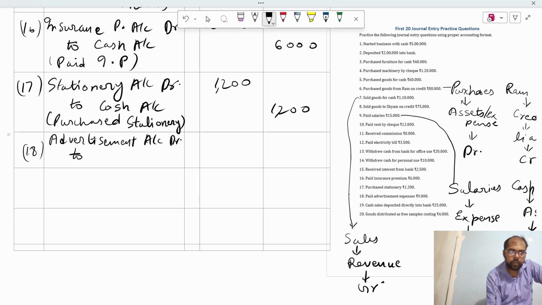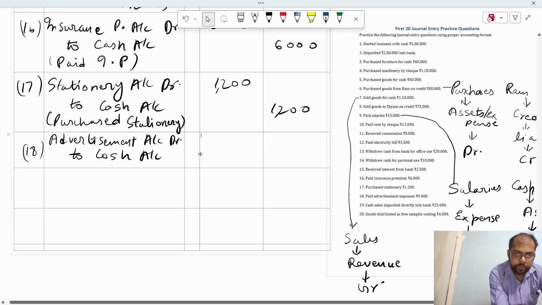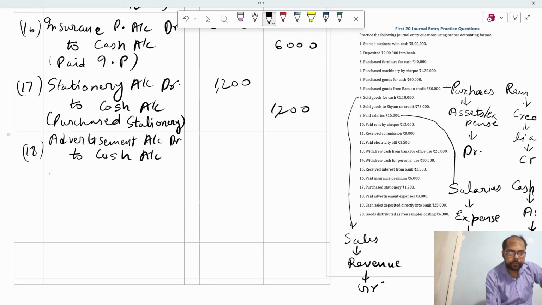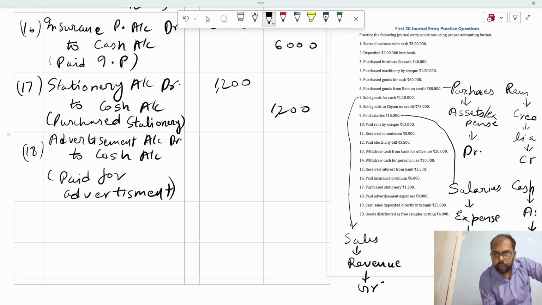Advertisement account debit to cash account. The narration should be paid for advertisement. Amount is rupees 9000.